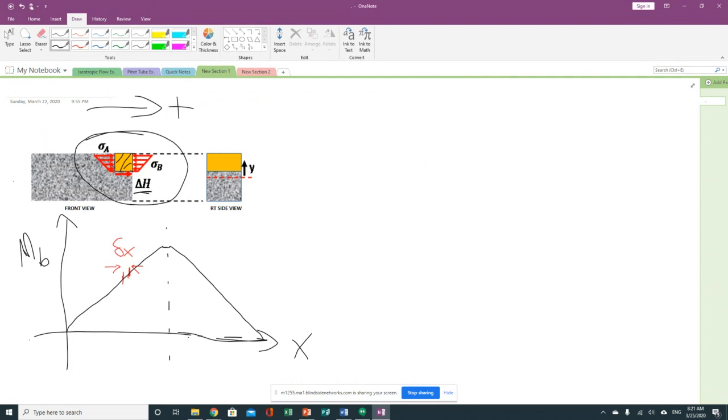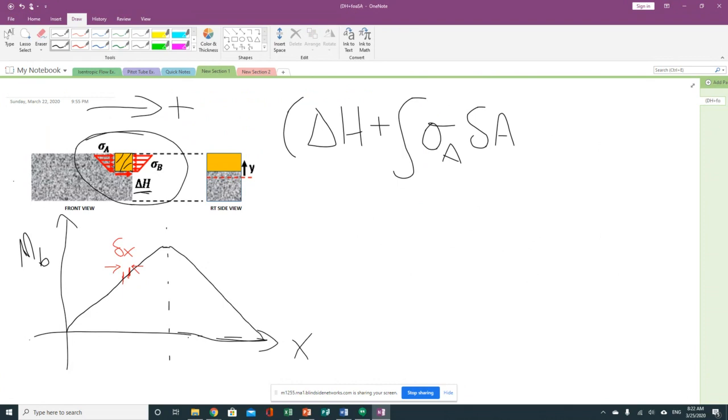So on one side, delta H plus the integral of normal stress times dA, dA being a differential area. I multiply that with my normal stress distribution to get the differential force on each differential area, and I add all those up.